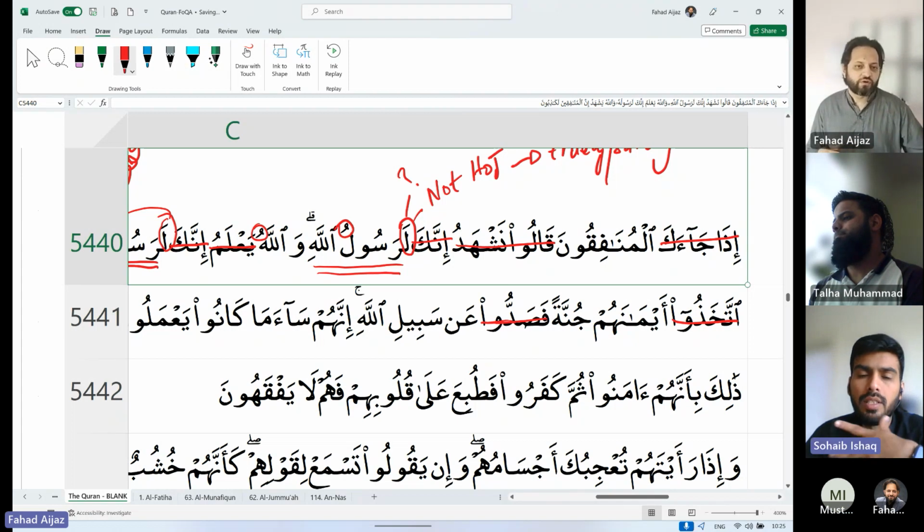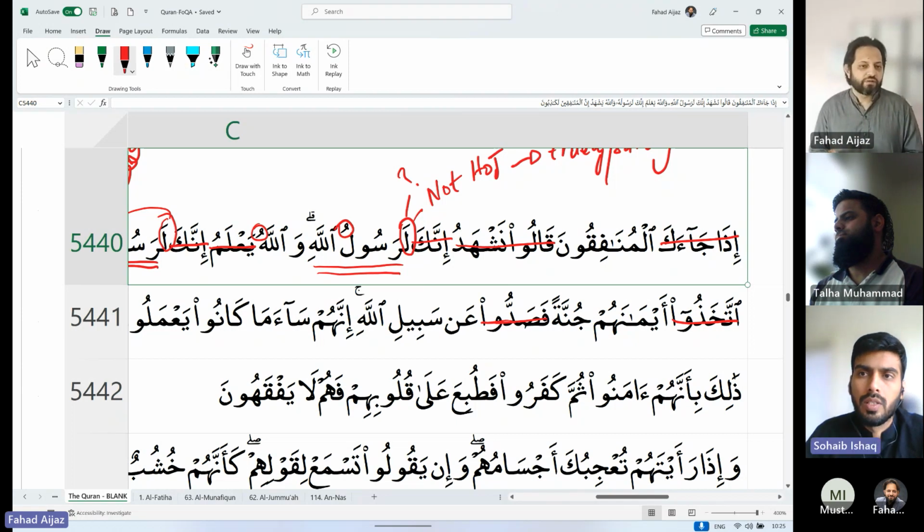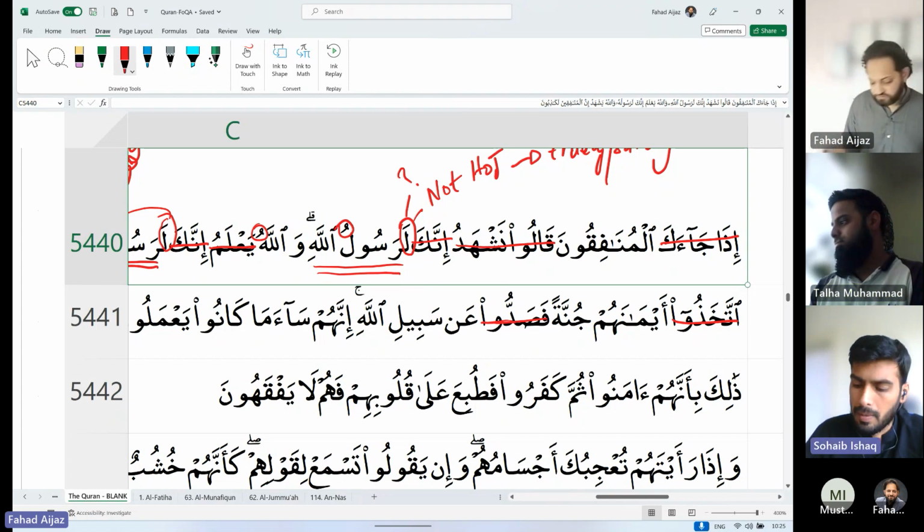There are other types of waw as well. Same is the case with lam. But not every harf of jar is like that. For example, min is always min. There is no other type of min as we know it.